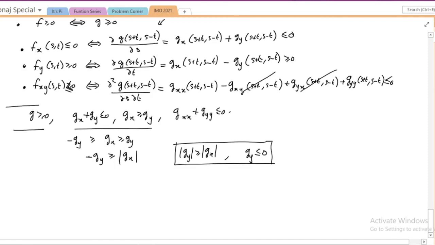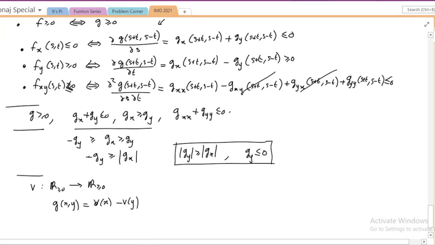So the first class of functions we'll briefly consider would be a function, let's call it v, from R greater than or equal to 0 to R greater than or equal to 0, where we take g(x,y) to be v(x) minus v(y).